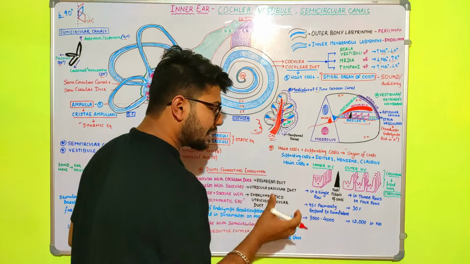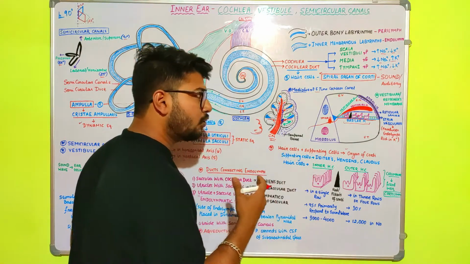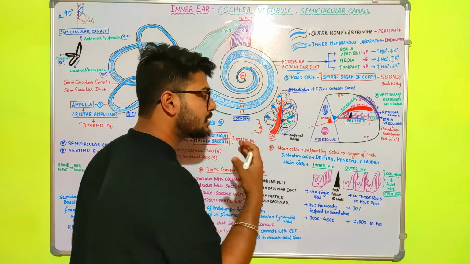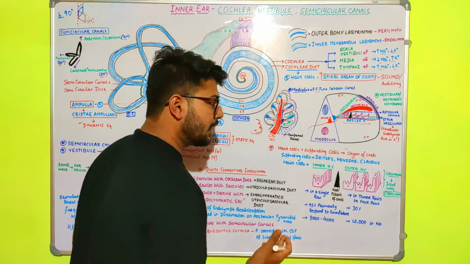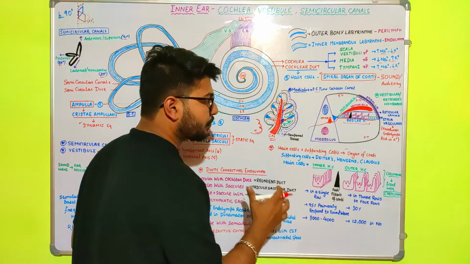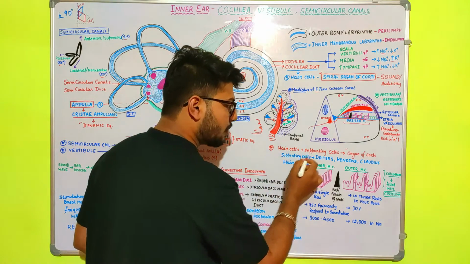What are the hair cells and what are the supporting cells? These cells are the receptors that are going to sense the sound or auditory stimuli.